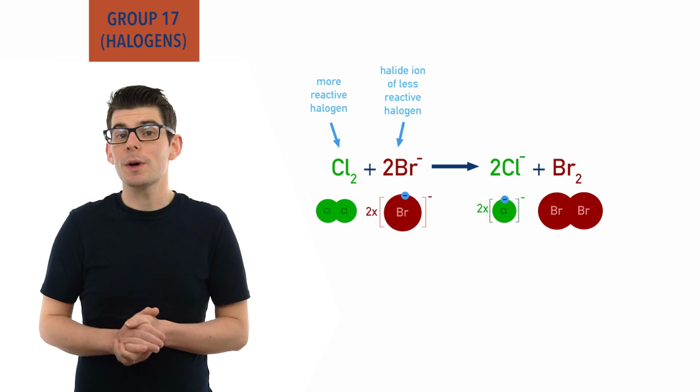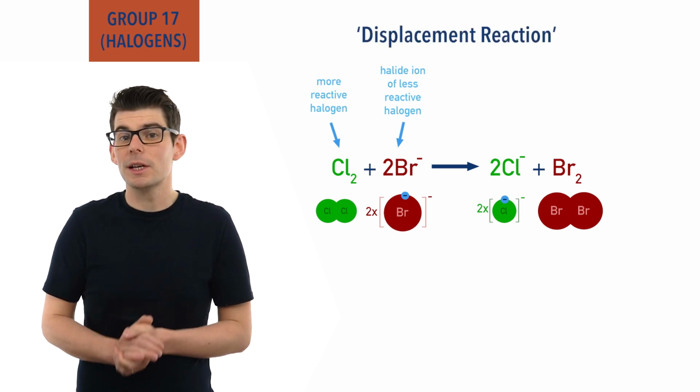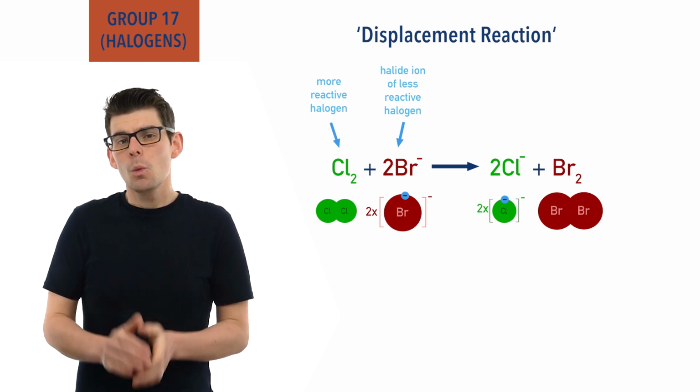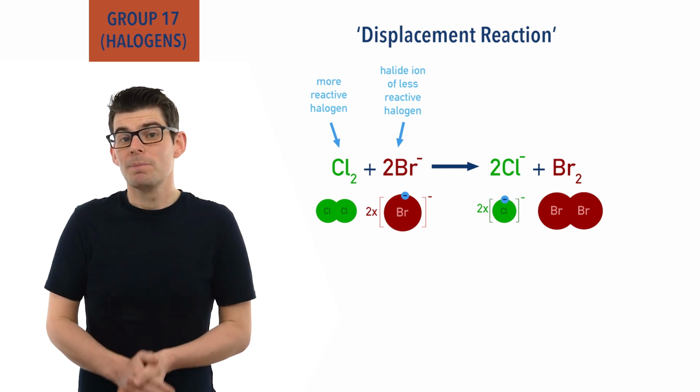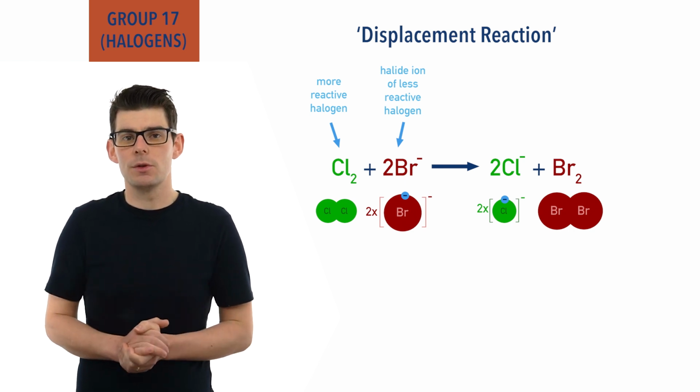This is referred to as a displacement reaction, and the more reactive element is said to displace the less reactive element. We can take this one step further and describe the halogens as reacting as oxidizing agents.